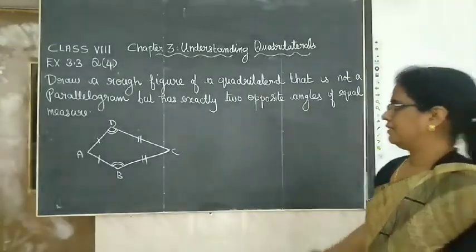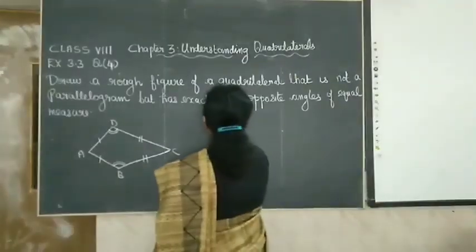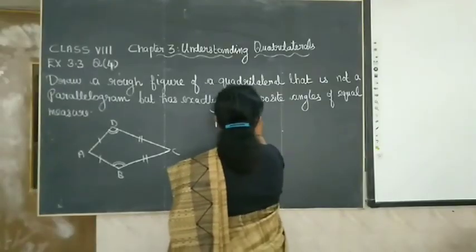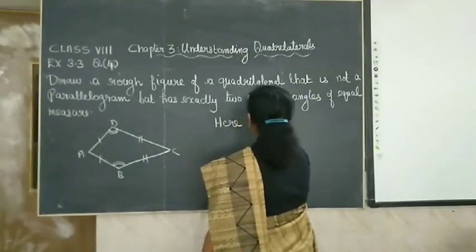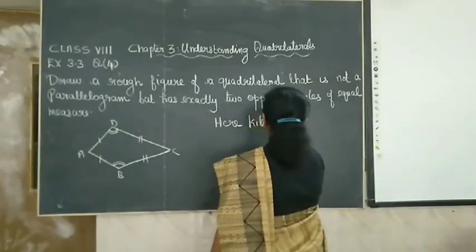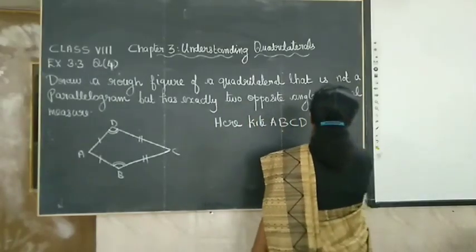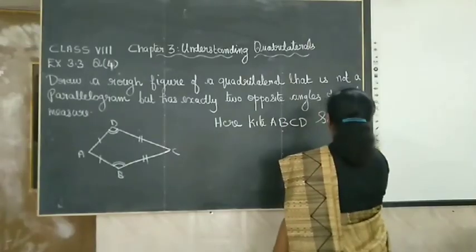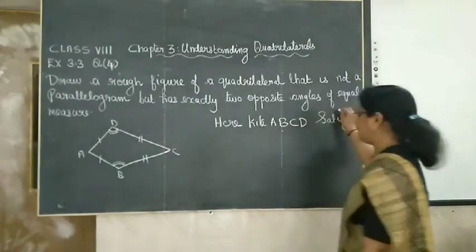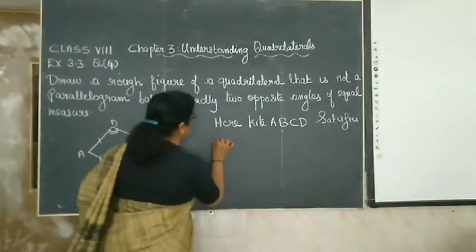So, draw a kite. Here, kite ABCD. We can write here kite ABCD satisfies the given conditions.